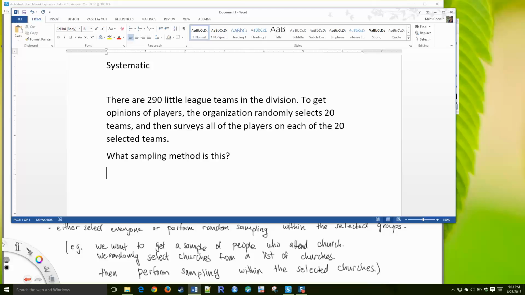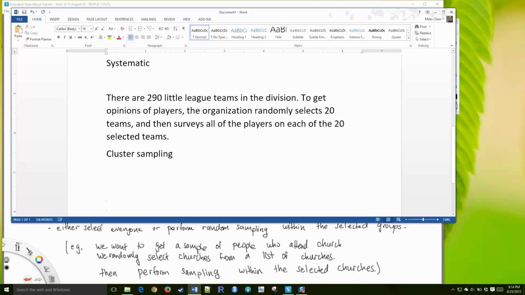So in this scenario, what sampling method do we use here? This would be cluster sampling, right? Okay. All right.